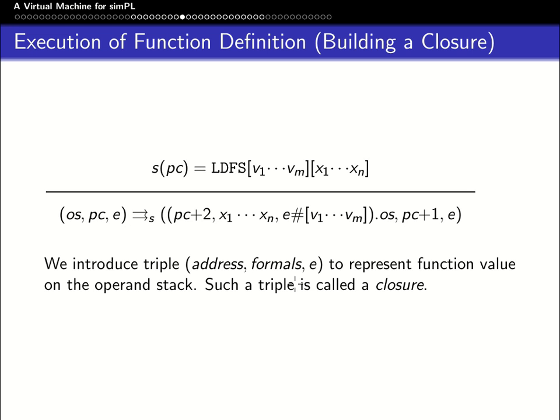All right, so we have defined this instruction and the translation, and let's try to understand how it is executed. So this would be the semantics of LDFS. What does the virtual machine do when we execute it?